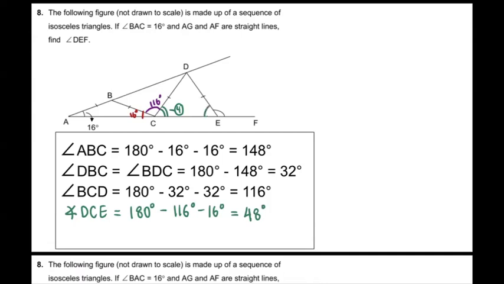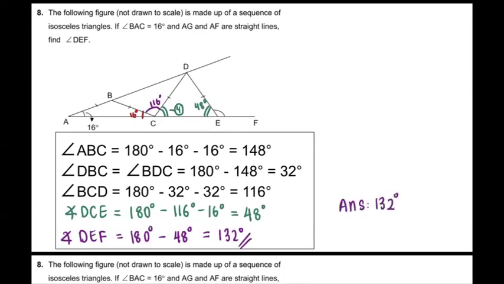Okay, and since it's an isosceles, therefore this is also 48 degrees. And your last and final step to find angle DEF would be to take 180 degrees minus 48 degrees. So you would get 132 degrees. So the final answer would be 132 degrees. Okay, do not forget your units.